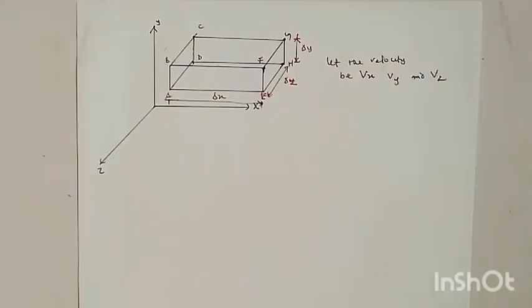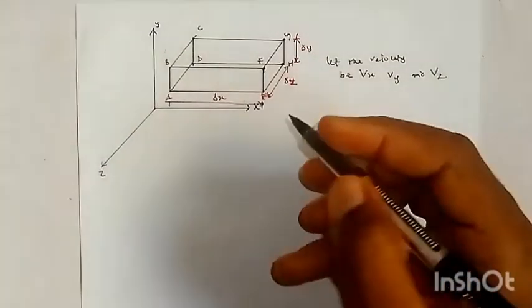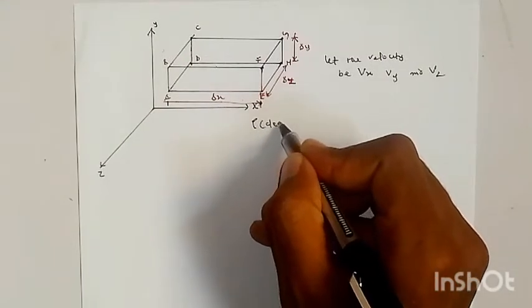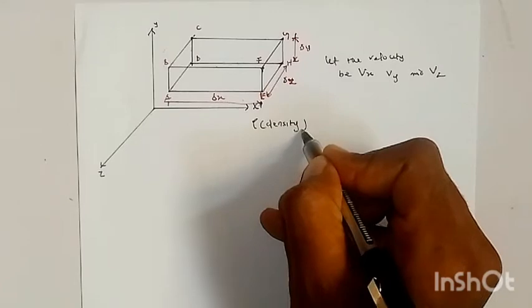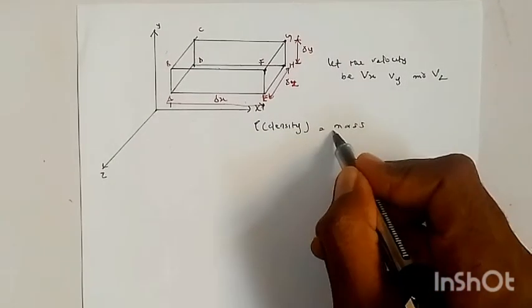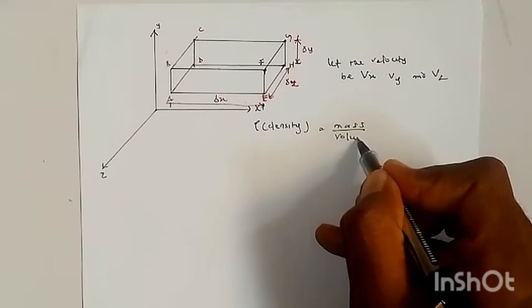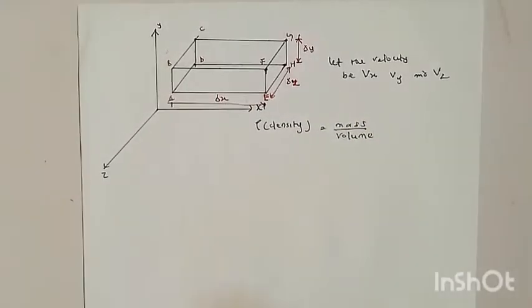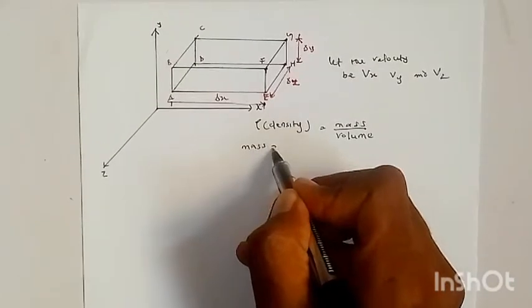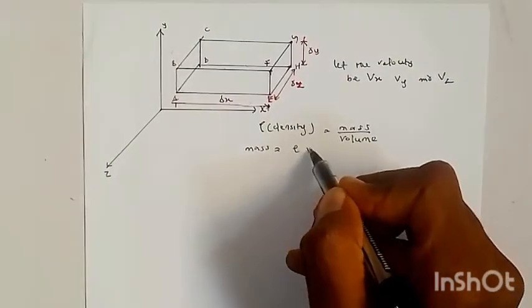So now how do we get the formula for our rate of mass? We know that the formula for density is equal to mass over volume, right? So now let me make mass the subject of the formula. So my mass is equal to density times volume.